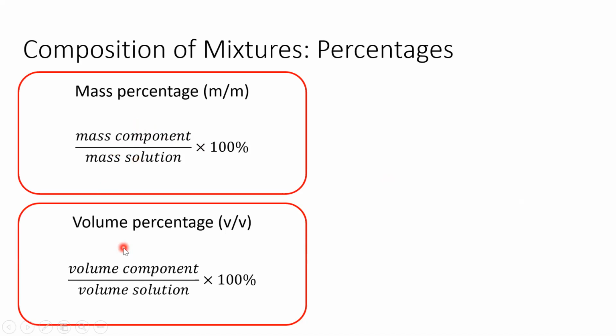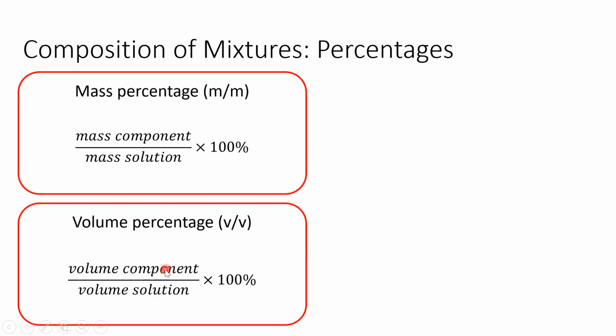We could talk about it in terms of volumes, the volume percentage: the volume of the component we're looking at over the total volume times 100. So let's say that we've got a solution of alcohol and water, and we've got 10 milliliters of alcohol in 100 milliliters of solution.